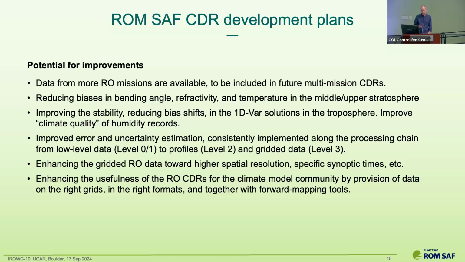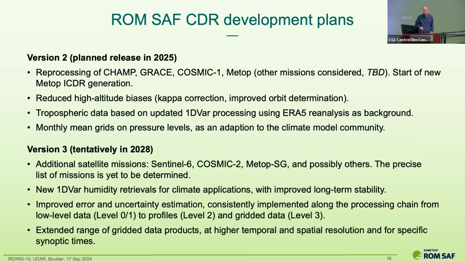Improved error and uncertainty estimation, with the help of the Wegener Center, to implement a consistent uncertainty description across the levels, from the low-level data up to monthly mean gridded data, and also enhancing the gridded data to higher spatial resolutions, specific synoptic times, and things like that, to make it more relevant for the climate model community.